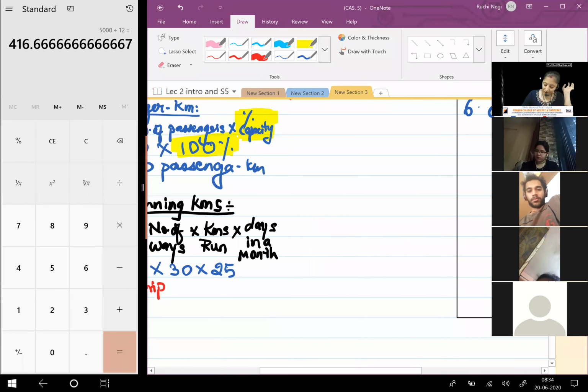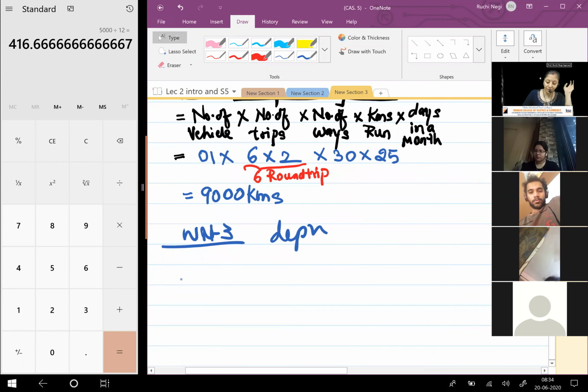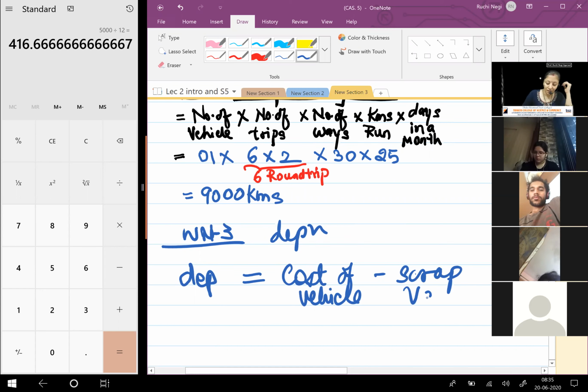I repeat, your 12th standard depreciation: when depreciation is not given in percentage, depreciation is equal to cost of the vehicle or asset minus scrap value, divided by life of the asset or the vehicle.